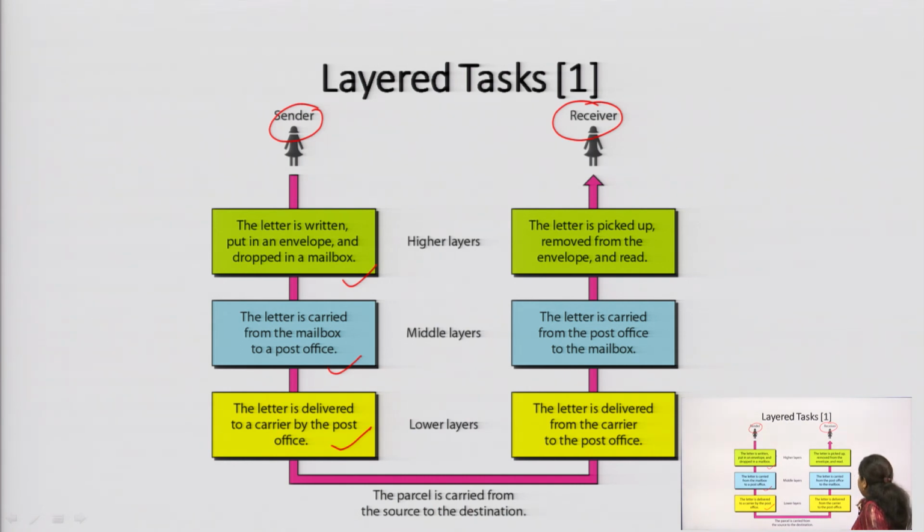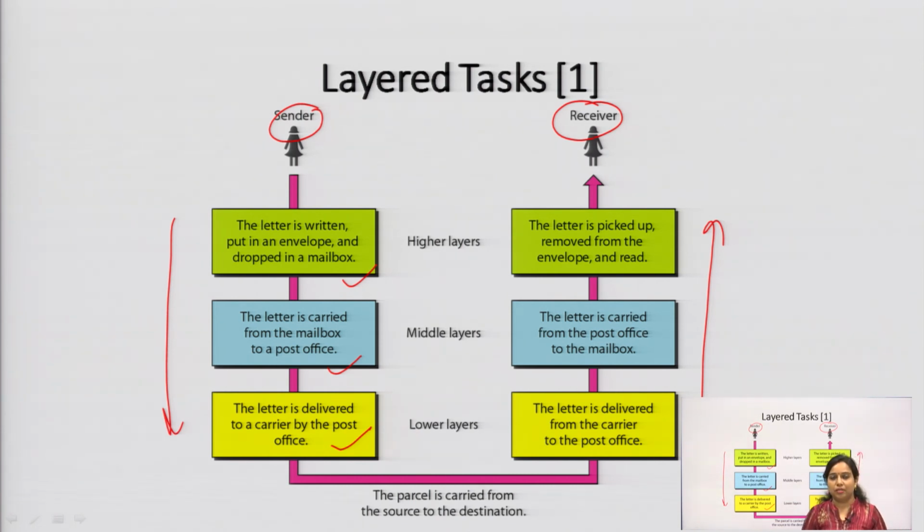Now, coming towards the receiver side, as we move from here, this is the downward direction and this is the upward direction. The letter is delivered from the carrier to the post office. The letter is carried from the post office to the mailbox, and then it is picked up, the envelope is removed, and it is read by the receiver. So, as you can see, for transferring any parcel or courier from transmitter to receiver, the data will be transmitted in the form of layers.